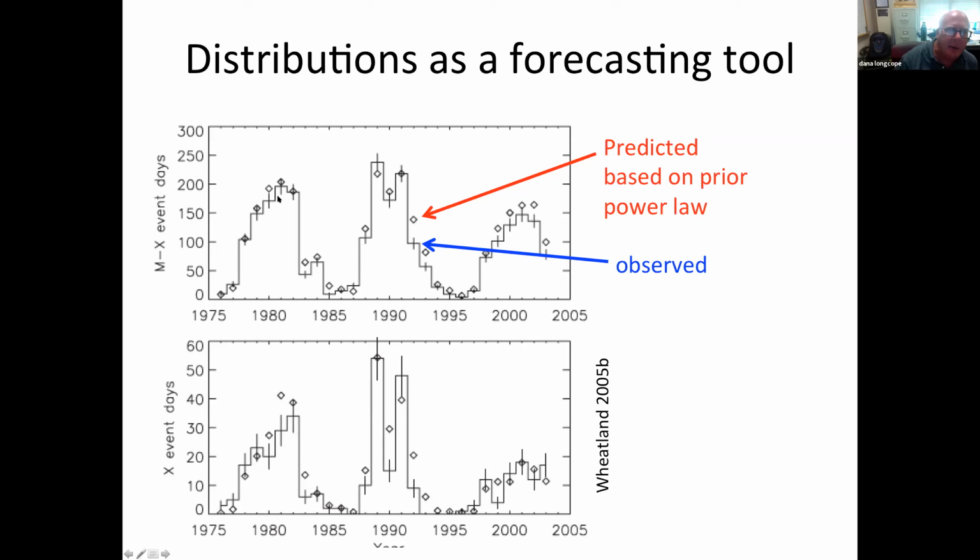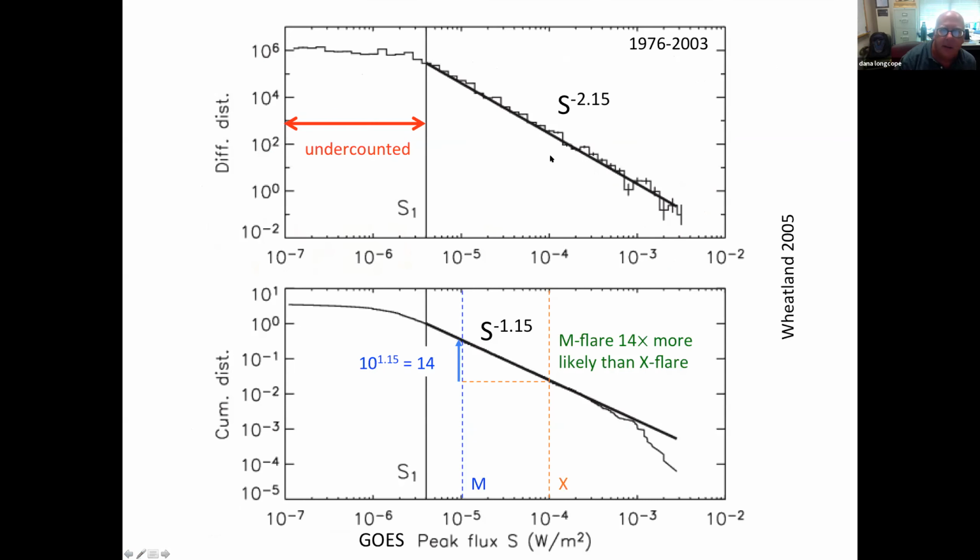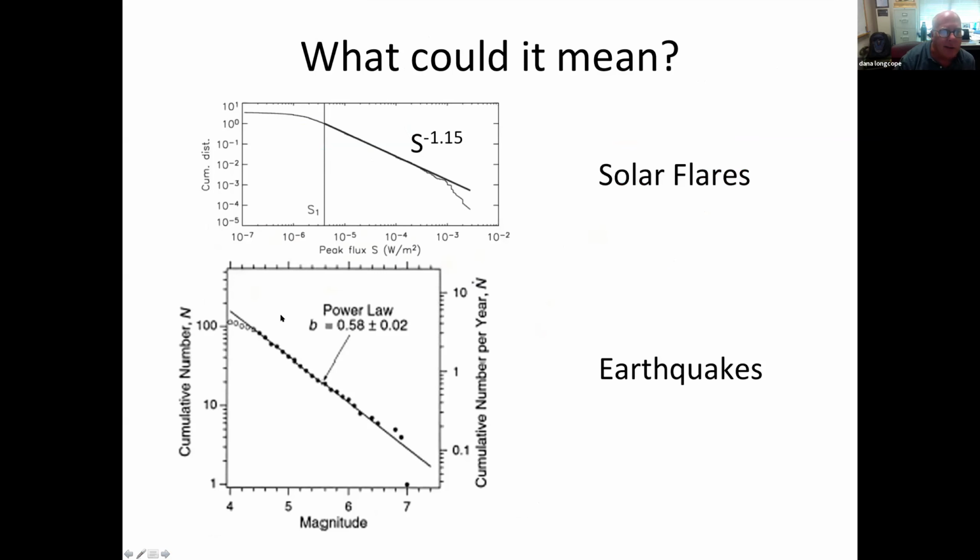He's showing you that he could get the correct prediction for how many X-class flares there would be on a given day ahead of time. And it's just based on this power law. It's just based on the fact that if you see a lot of M-class flares and you extrapolate, you will know what your chance of seeing an X-class flare is. So there is some real practical, predictive value in this power law, even if we can't understand it any more than we can understand why earthquakes have the power law.